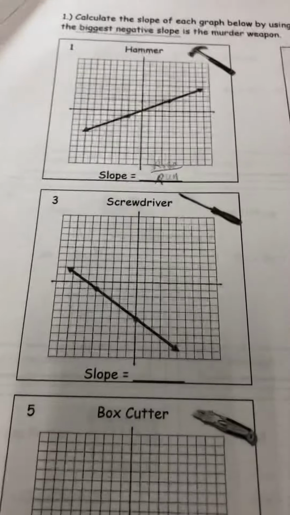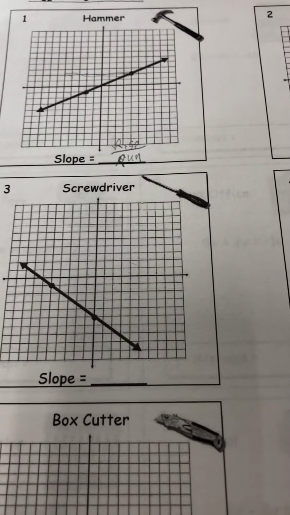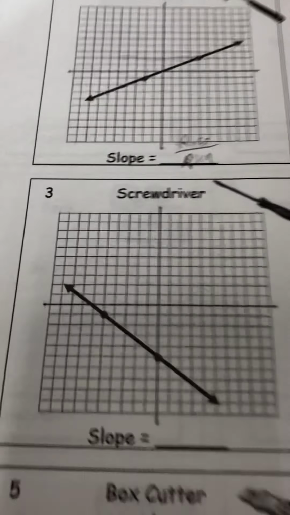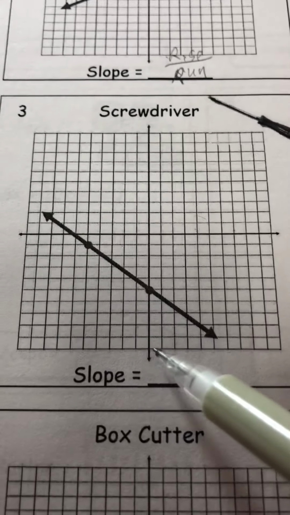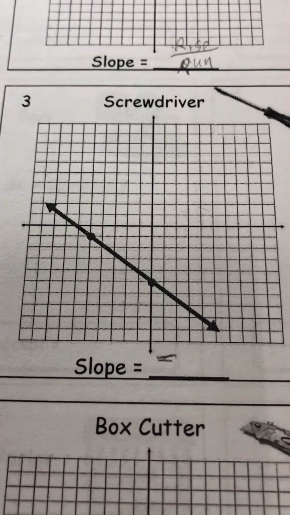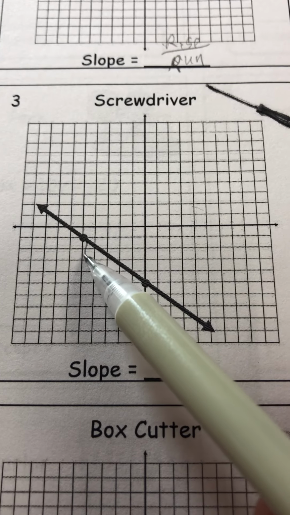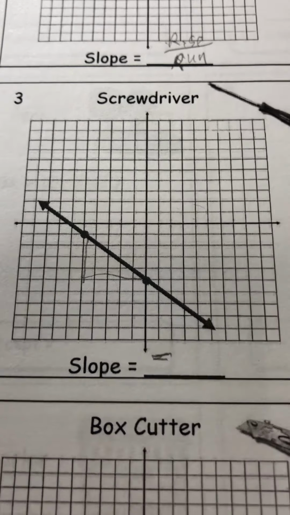The other ones I didn't work out, but you'll have to see if you can divide both the top and the bottom by the same number to simplify it down. Same thing for this one. This one is going down, so it's going to be a negative rise over run. So it goes down how many and over how many.